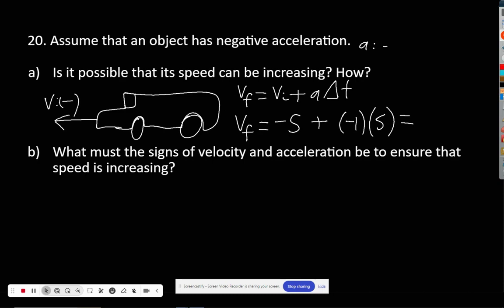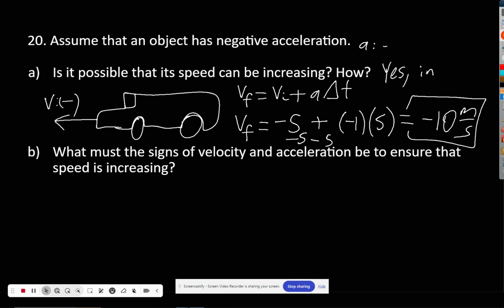Negative 5 plus negative 1 times 5 would be really just negative 5 minus 5, so negative 10. We got faster in the negative direction. So yes, in the negative. That would answer the question for us.